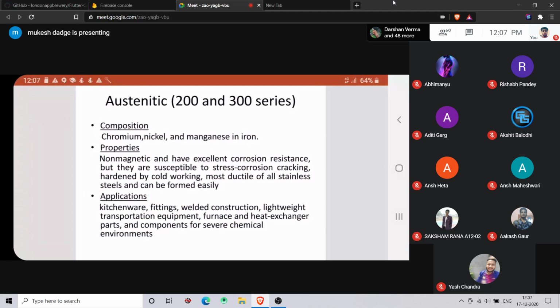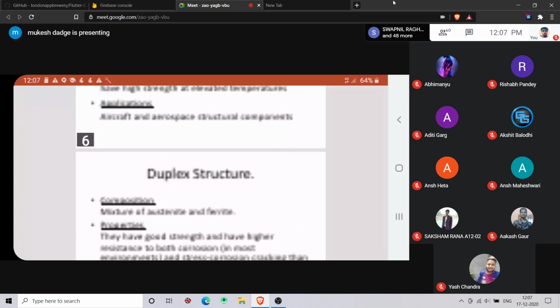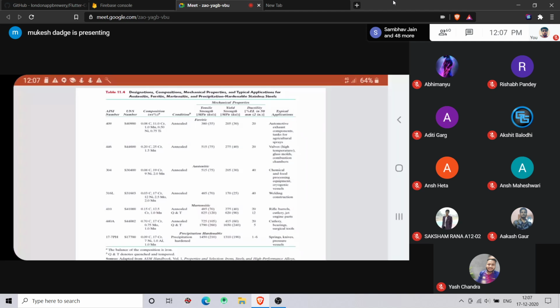Composition is chromium, nickel, manganese, and iron. I think I have given some table also. You can see the detailed composition.